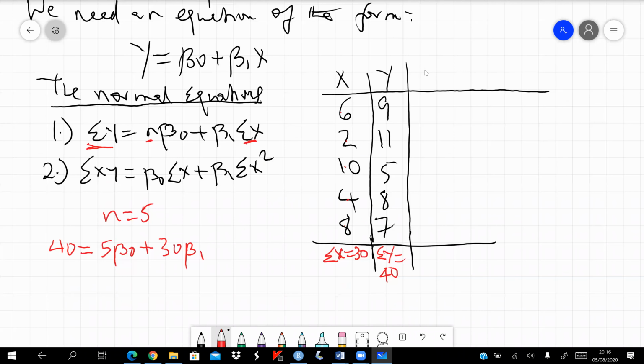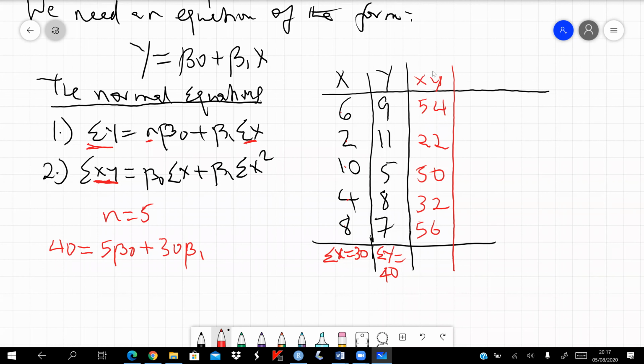So that's the first normal equation. It is a straight line with two unknowns, beta naught and beta 1. And those are the guys we are looking for. Now let's go to the second normal equation. We need X times Y. You can get these values. So this is 5, 4, 2, 5, 0, 3, 2, 5, 6.